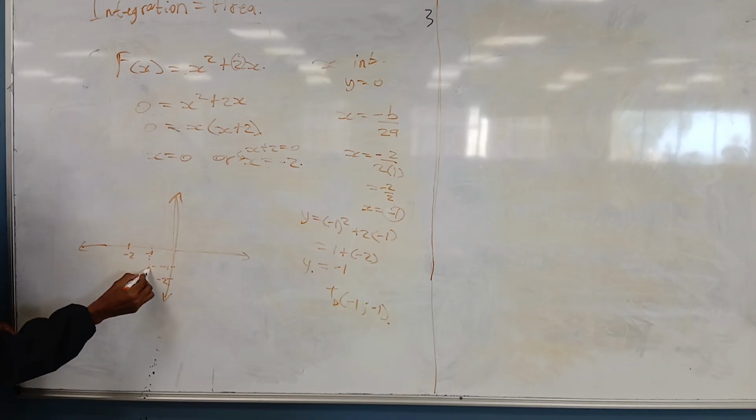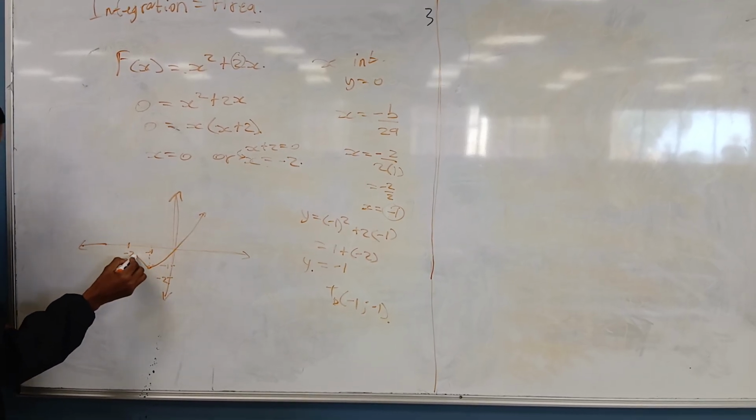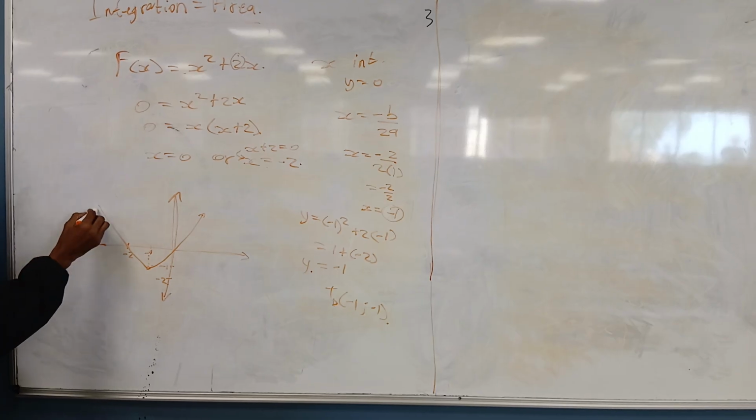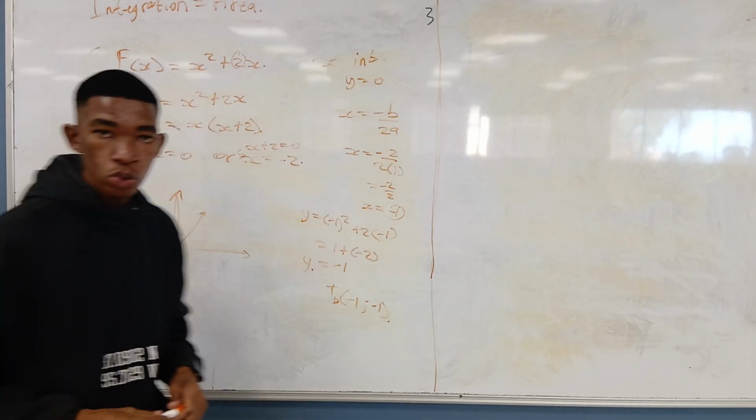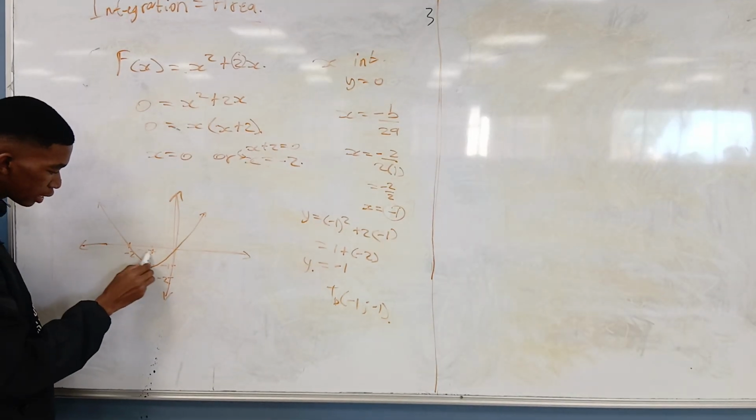Here's the turning point. Now this graph is going to touch here, go up like this, and touch here, go up like this. So now, we are going to use integration to determine the area here.